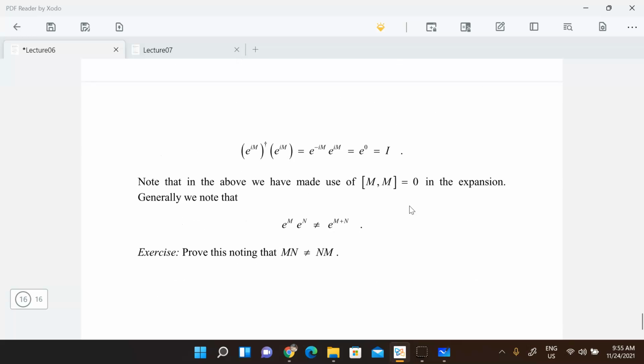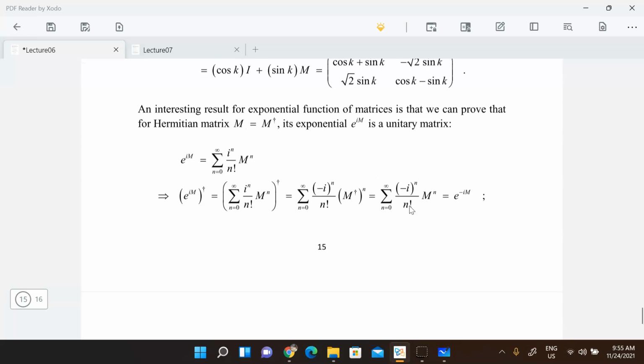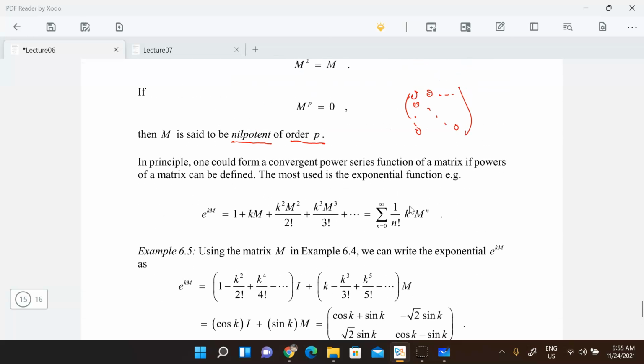Okay, let's try to finish this off with the idea of a function of a matrix, since we can do powers now. So I can start to think of taking a power series, for example, using the exponential. Do you remember what the exponential is?